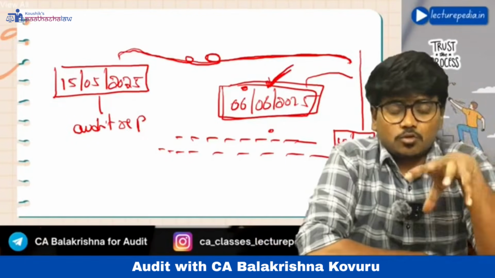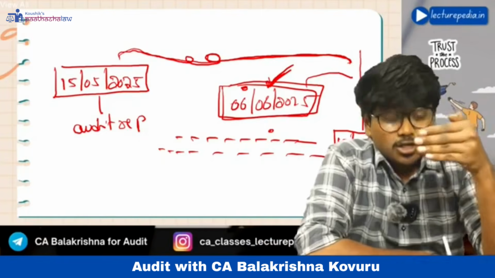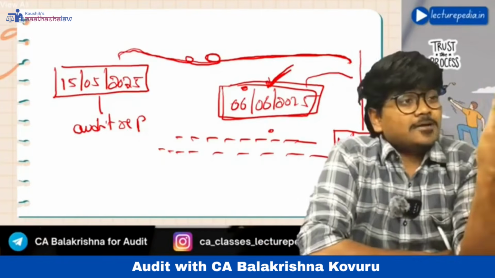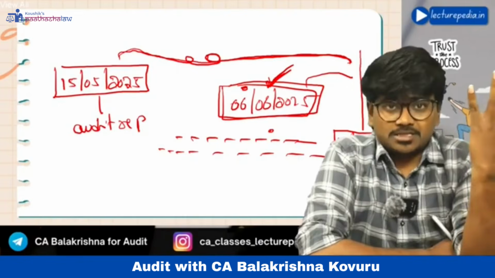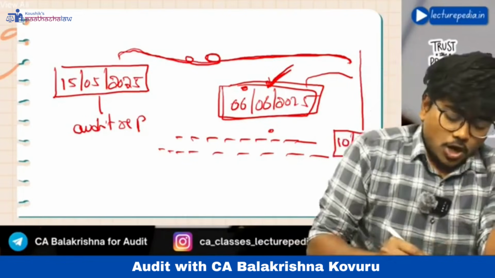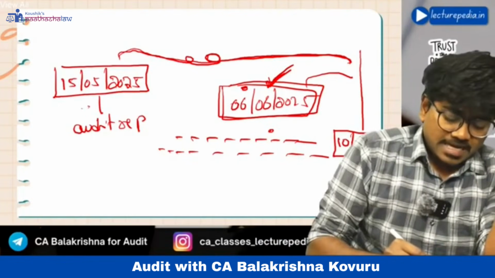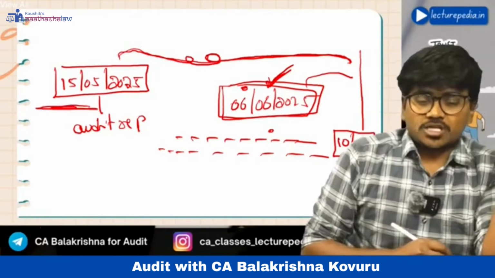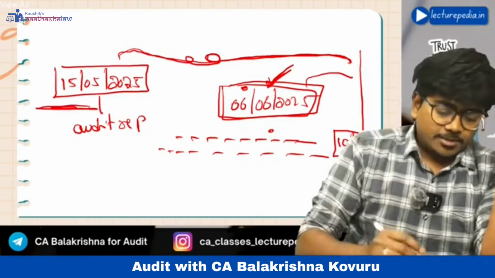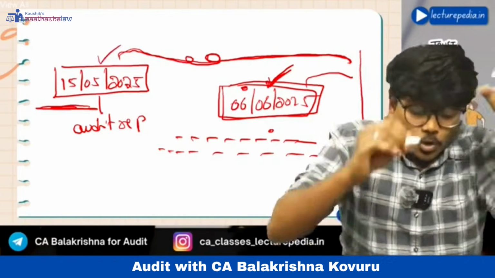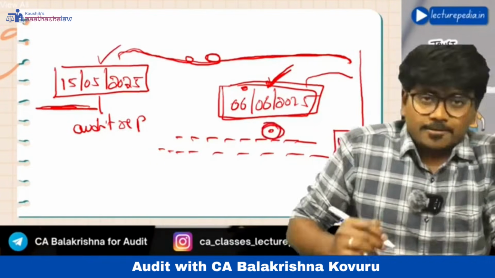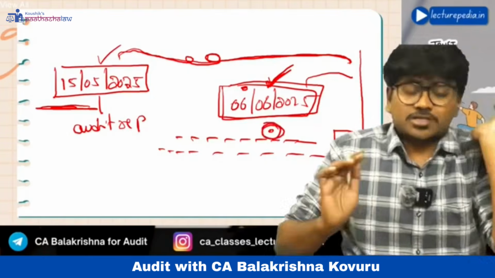Now, in this situation, what the auditor can do is give dual dating in his audit report. That means for all the events that occurred till 15th May 2025, the date of audit report will be 15th May 2025, for all those subsequent events. But only for this particular fact, the date of audit report will be 10th June.